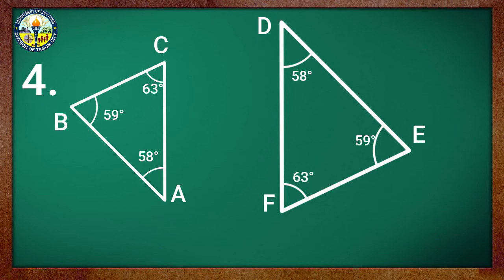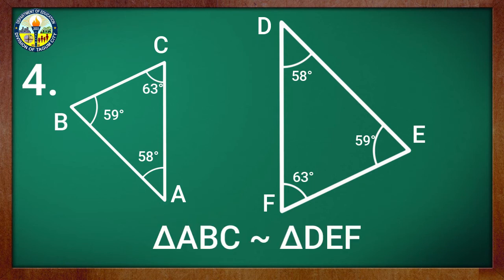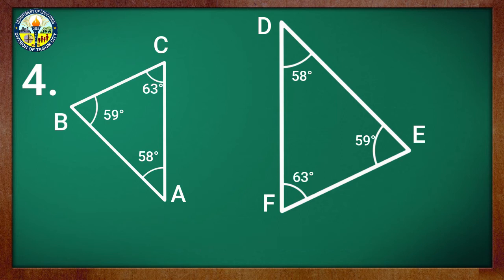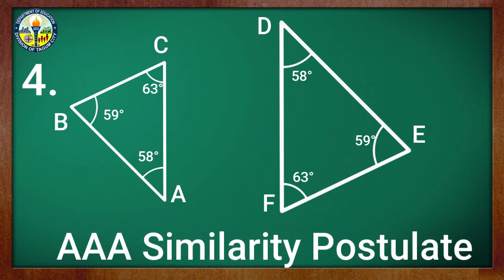Are the triangles similar? Yes. Triangle ABC is similar to triangle DEF under AAA similarity postulate. Why? It is because in the given illustration, three angles of triangle ABC are congruent to the corresponding three angles of triangle DEF.